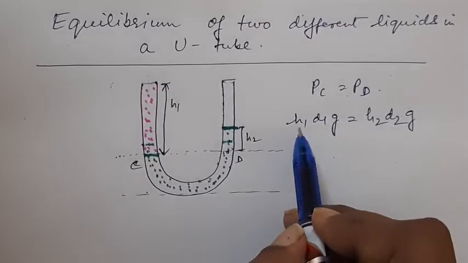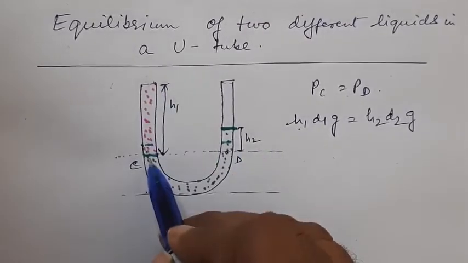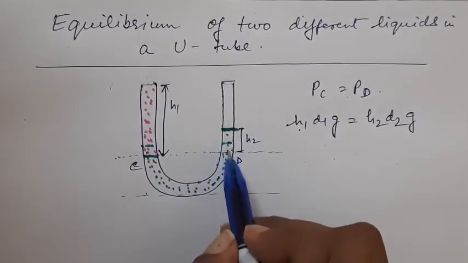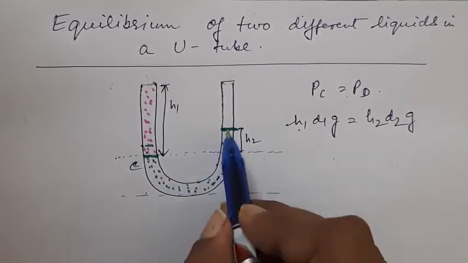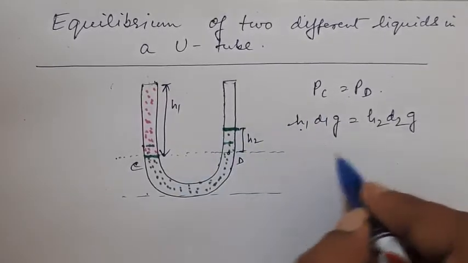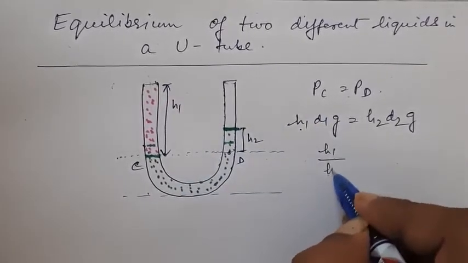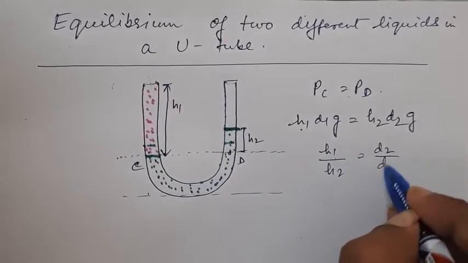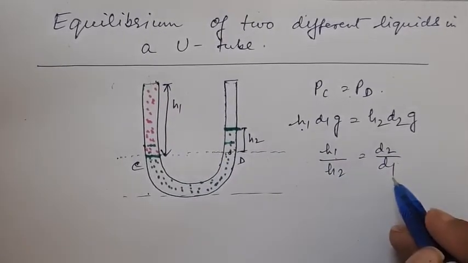So height H1 is of the first liquid and height H2 is of the second liquid above the point D. So g gets cancelled out. So H1 by H2 becomes D2 by D1, density 2 by density 1.